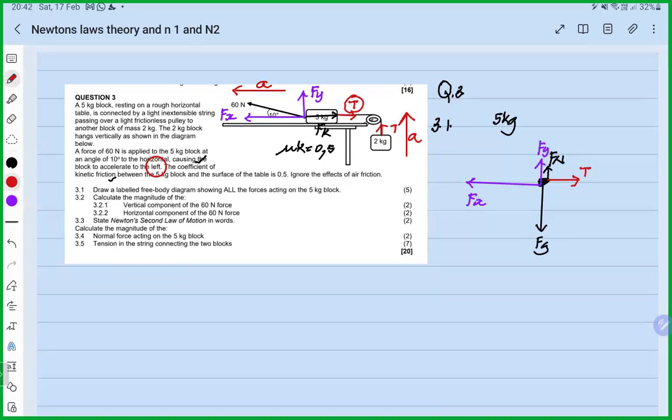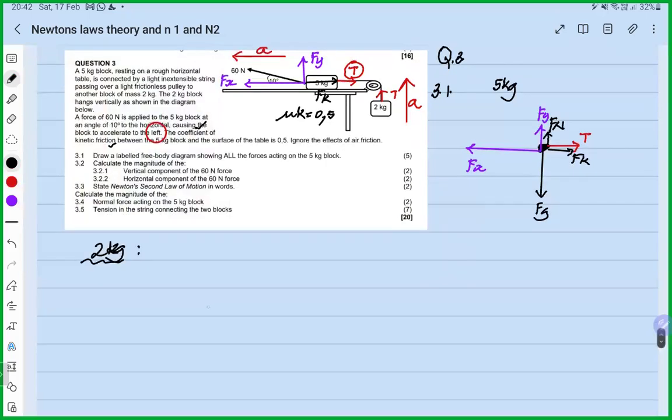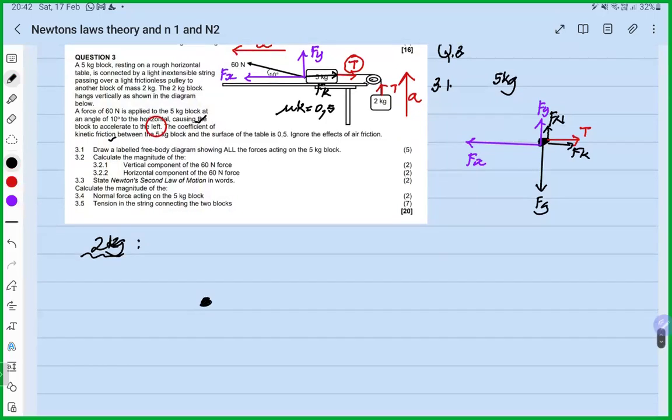And I'm also going to have my kinetic frictional force to the right because it's accelerating to the left. So there's the 5 kilogram. And the 2 kilogram free body diagram is the following. It's not on a surface, so there's no normal.